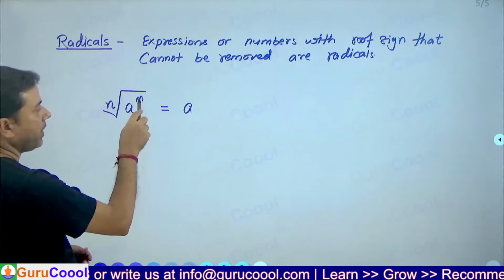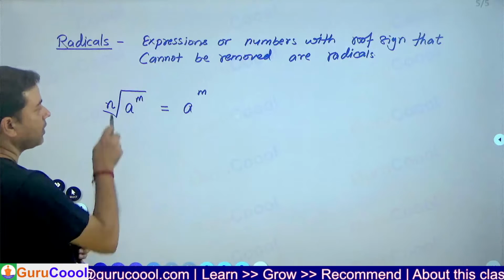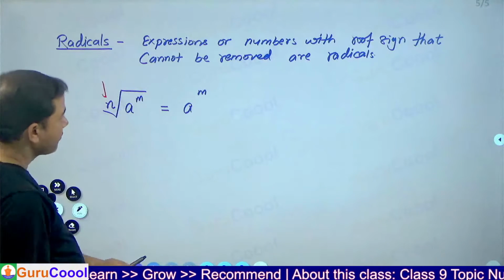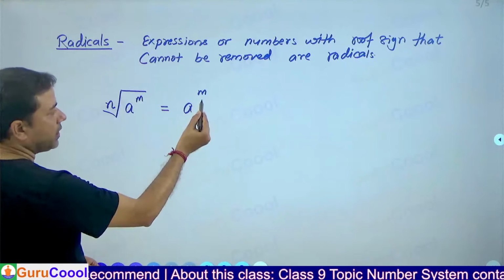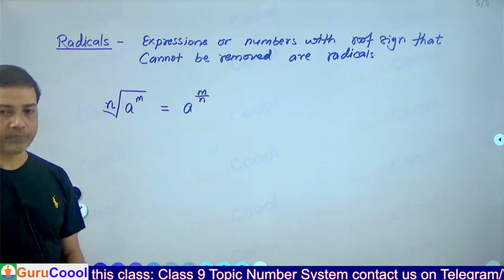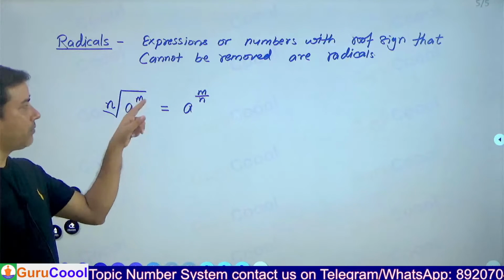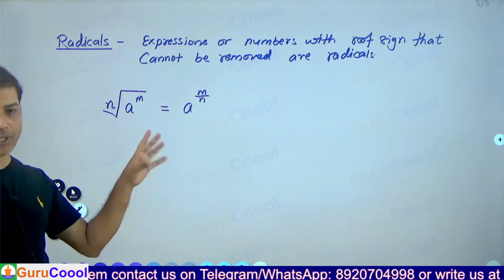The power m is still in the power, but this number n, which is in the V shape here, is written in the denominator of the power, like this. This means a raised to the power m by n. Is that complicated?